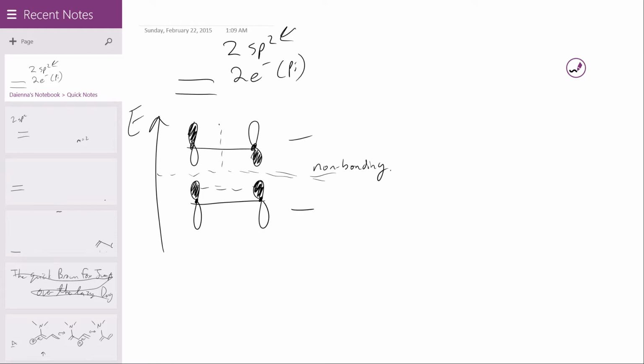When we fill in each electron into this diagram, we start by pairing two electrons at the lowest level and then moving up a level. So this has two electrons, so we'll pair them here. This represents the HOMO, or highest occupied molecular orbital, of ethylene. Moving up one level is our LUMO.